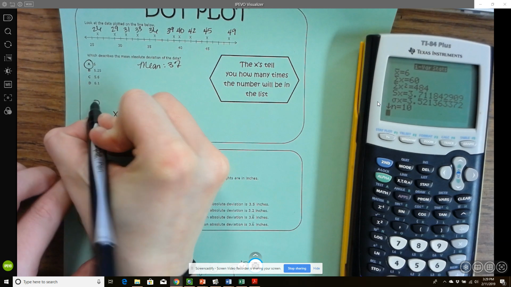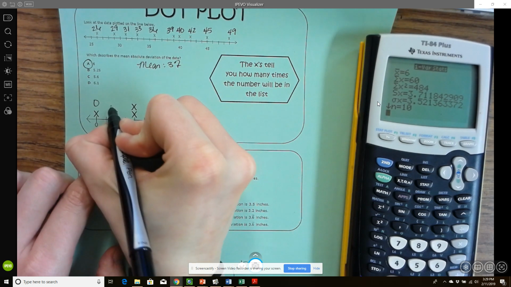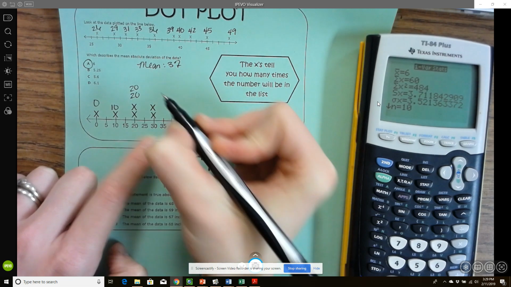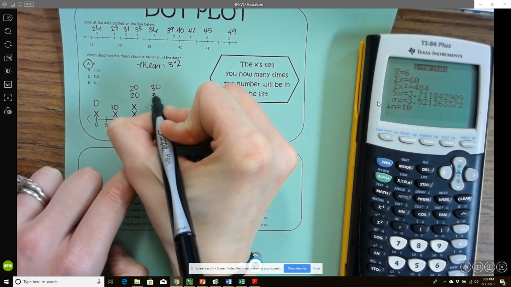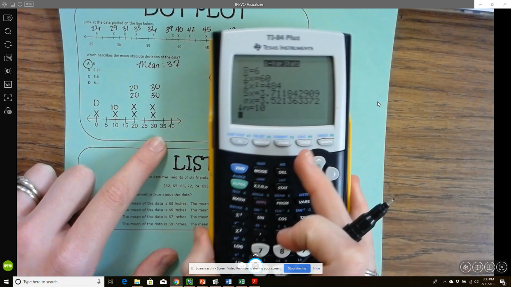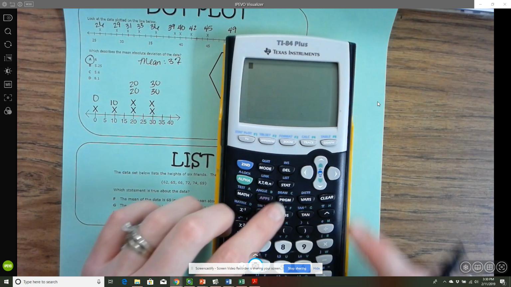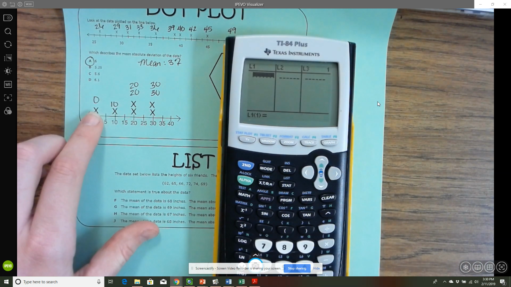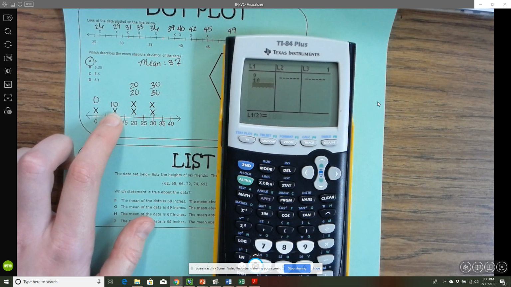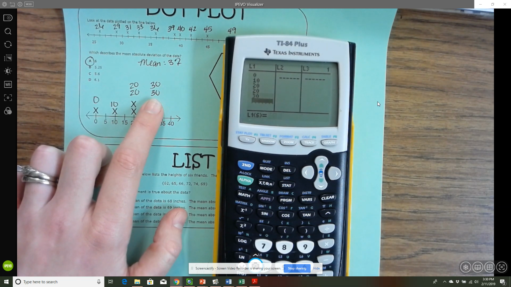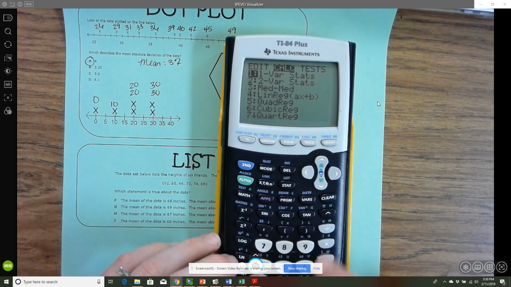So on this one, I've got a 0, I've got a 10, and then I've got 2 X's on 20 and 2 X's on 30. All right. So in my list, I still have to put the 0, have to put the 10, and I have to put 20 twice and 30 twice.